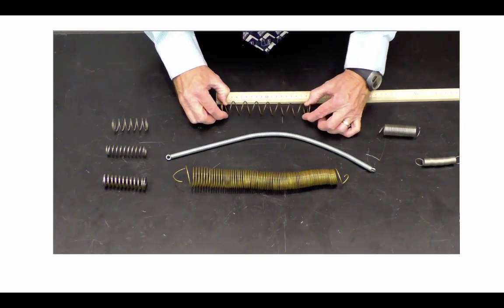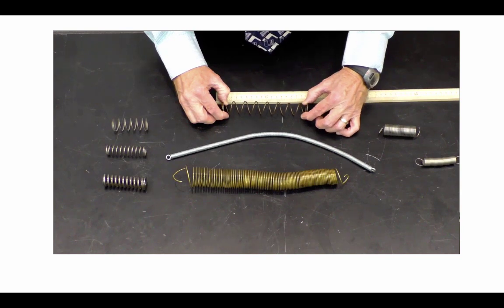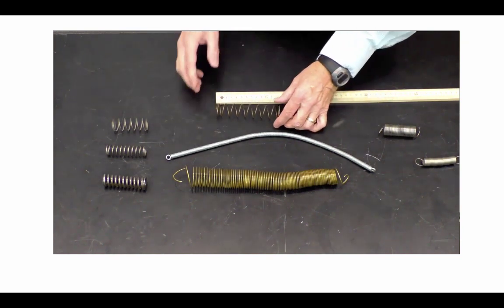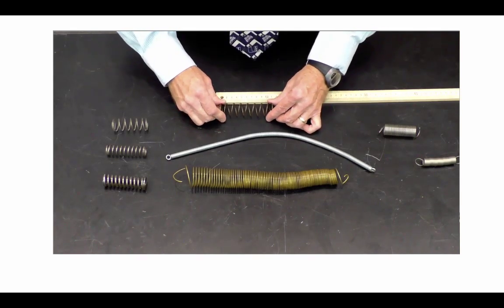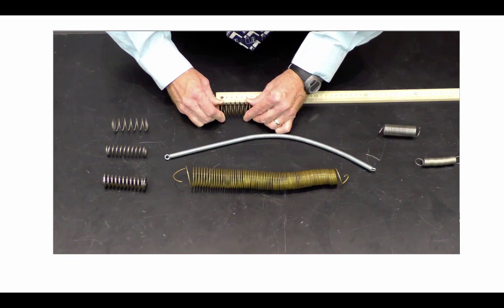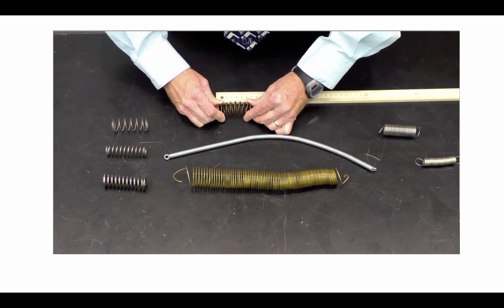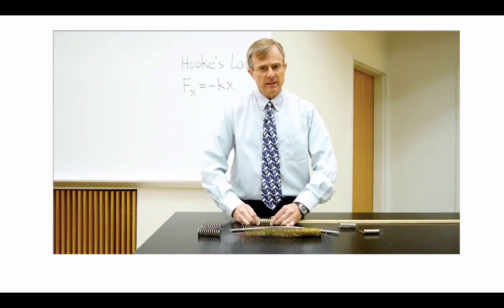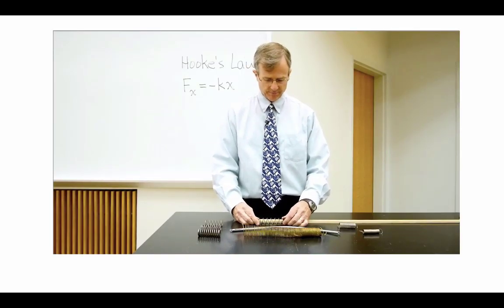I displaced it out this way, and it's pulling me back toward equilibrium. The same thing happens if you compress the spring. If I compress the spring now down to a length of about 7 centimeters, then the spring pushes back on me. It tries to get back into equilibrium again.